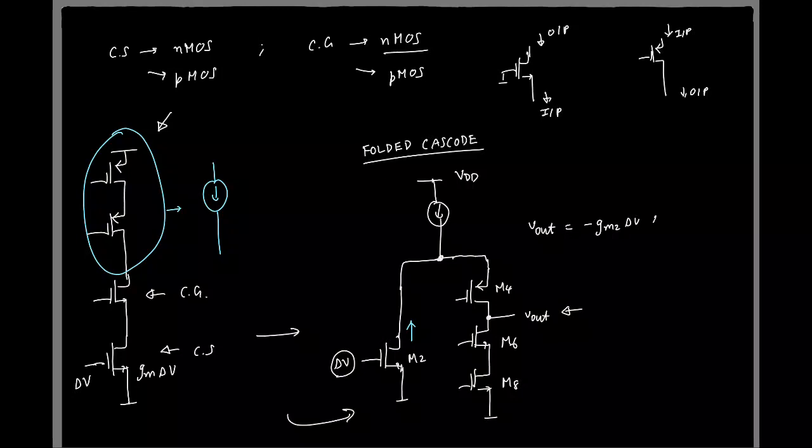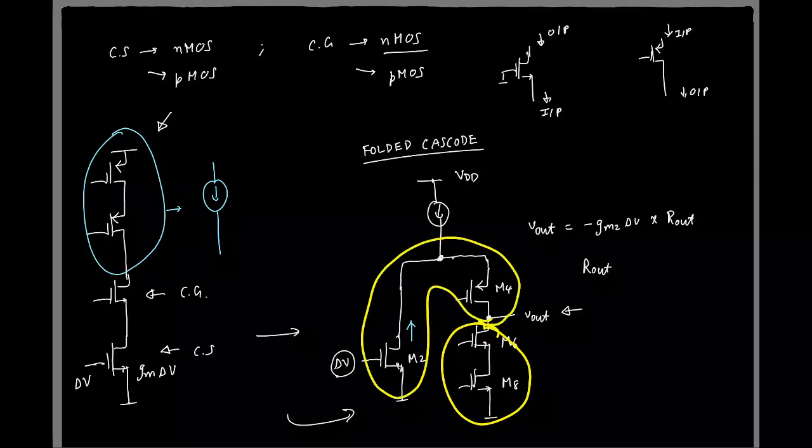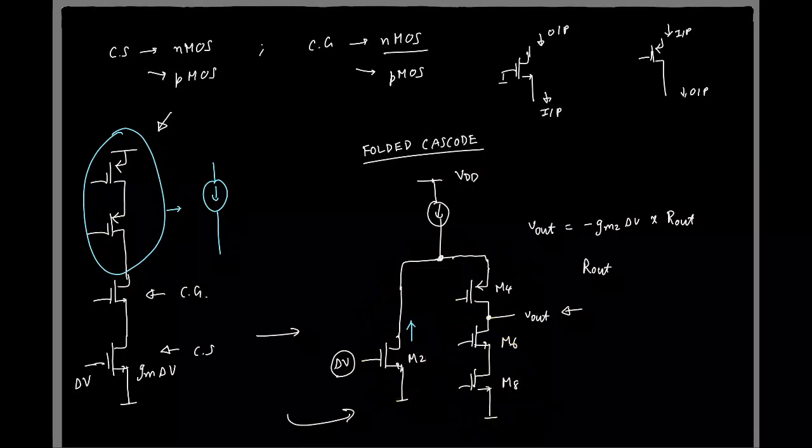What is the R out here? Remember, looking down you simply have the old cascode, there is no difference. Looking up also you have another cascode. Please remember, with respect to the small signal behavior, there is no difference between an NMOS and a PMOS. So looking down, the cascode impedance is GM6 R06 R08, in parallel with the cascode looking up.